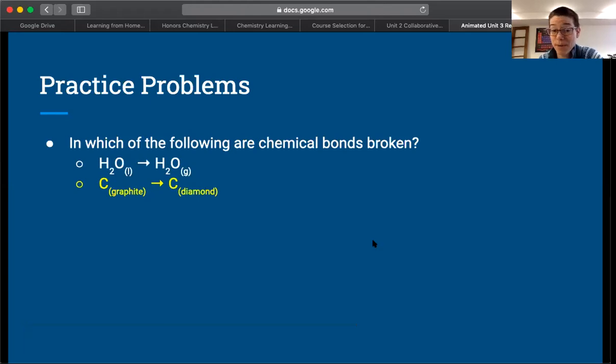It only has bonds, right? Graphite and diamond only have bonds. So to go from one of those forms to another, you are breaking and rearranging bonds. Going again from a solid to a liquid, any change in state is just breaking forces.